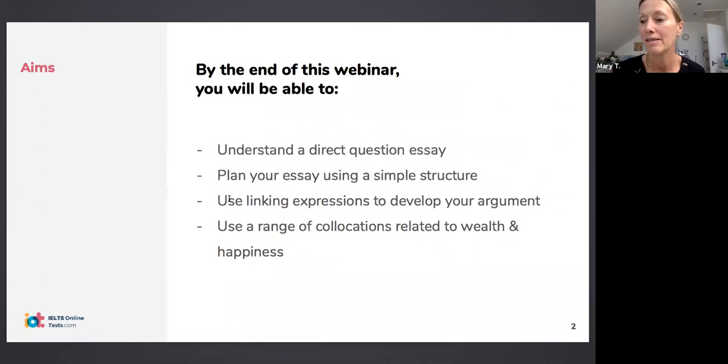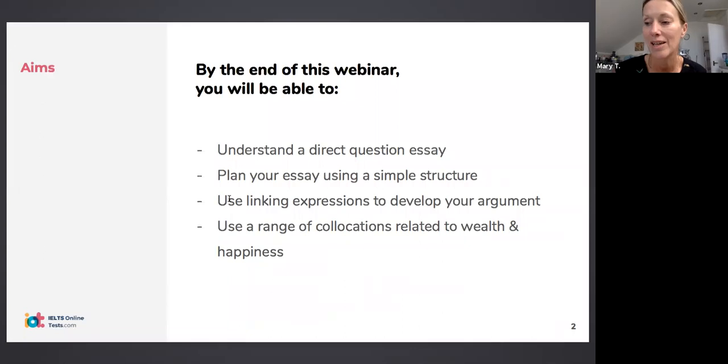Yes, to link the ideas, to relate our ideas logically. Cohesion, yes, that was the word I was looking for. So cohesion, we stick the ideas together and you get a higher score if you're able to do that.